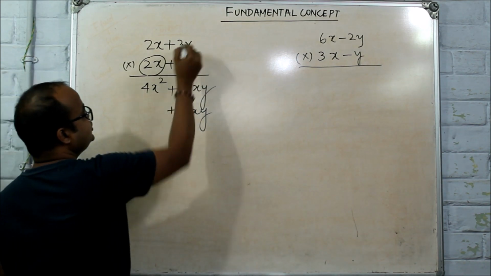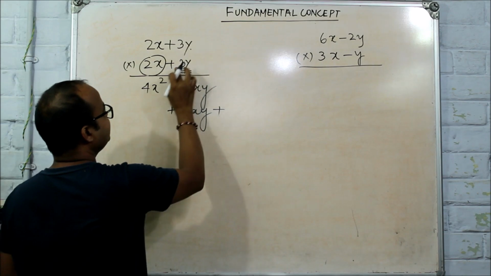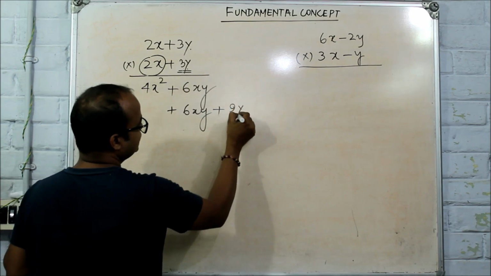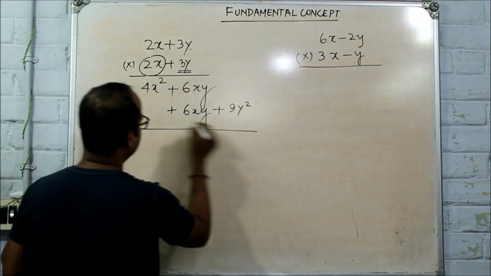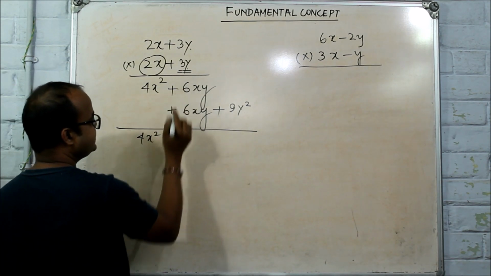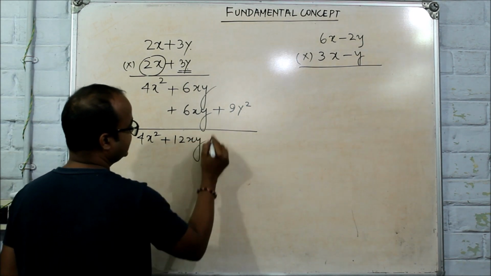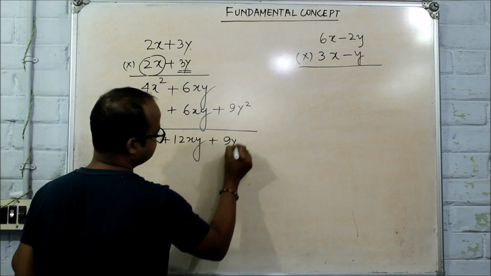Now multiplying these two, plus 3y into 3y, 3 threes are 9y square. Now add. So 4x square, 6 plus 6, 12xy, plus 9y square.